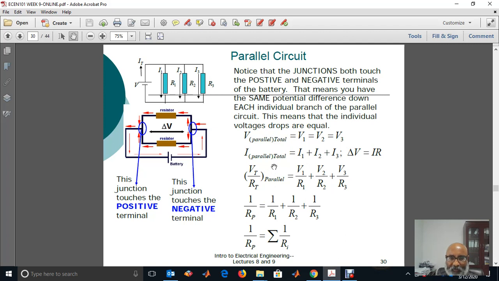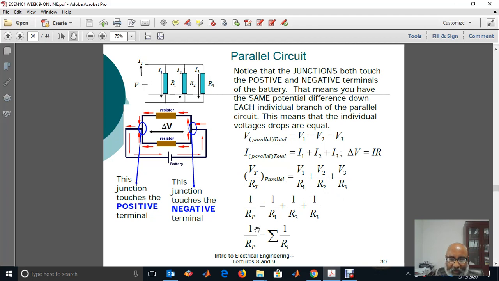The total current from KCL, if we consider this junction, is I1 plus I2 plus I3. Now, the total current is the total voltage divided by the total resistance, which is equal to I1, V1 over R1, plus I2, V2 over R2, plus I3, V3 over R3.